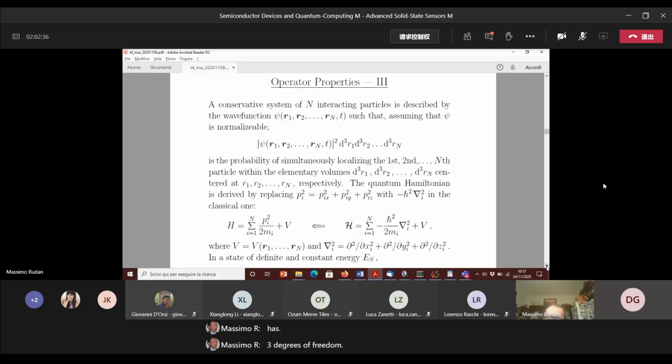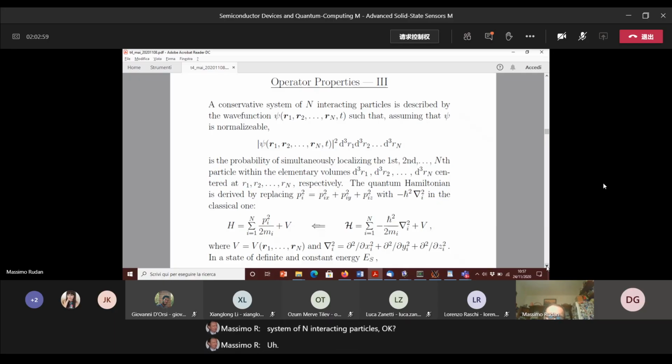When we consider a system of many particles, we have many degrees of freedom, but the structure of the operations to be done does not change actually.